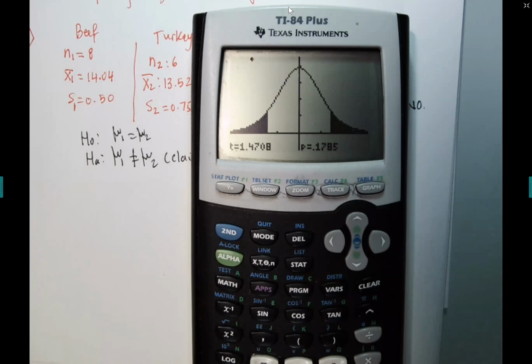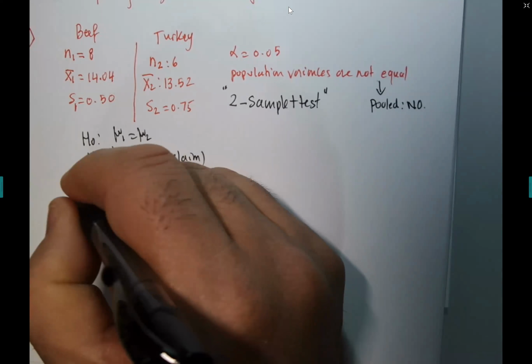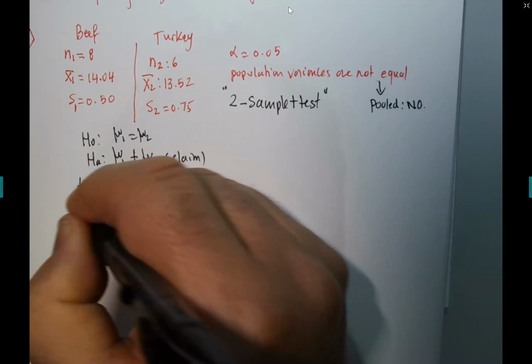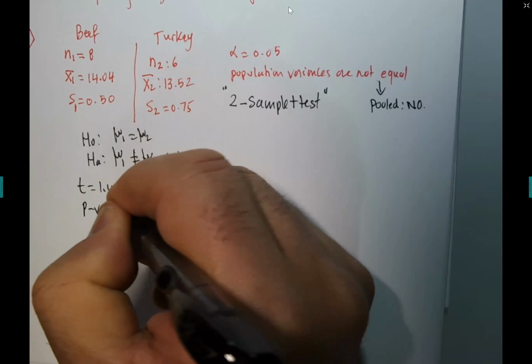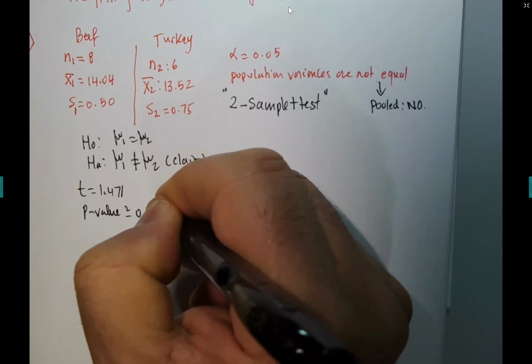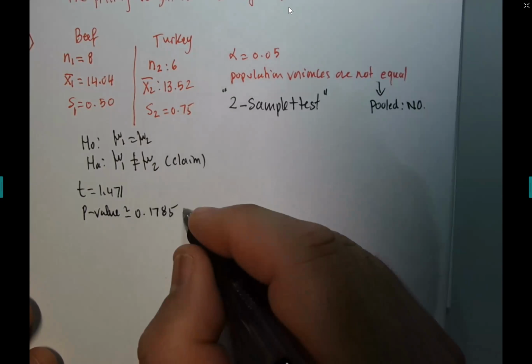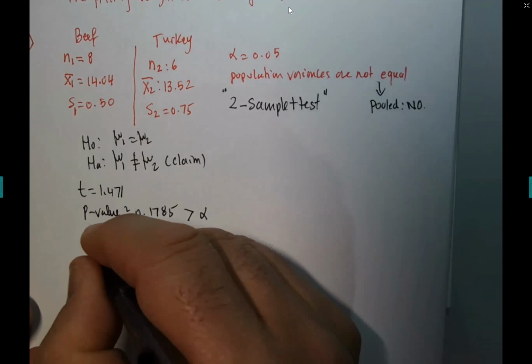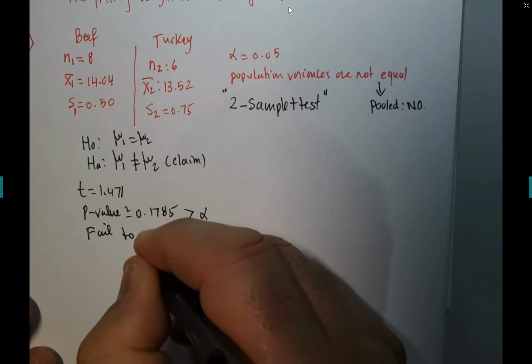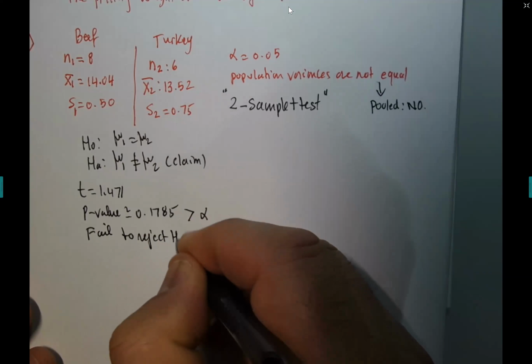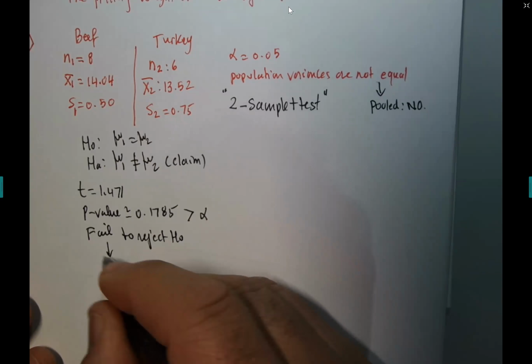So now you have t is 1.471 and look at the p-value of 0.1785. All right, so it's bigger than alpha. Fail to reject H0. Okay, here's what I said when we fail to reject H0.